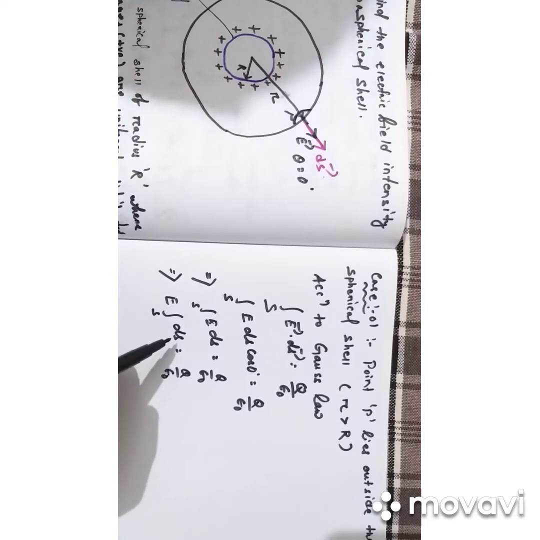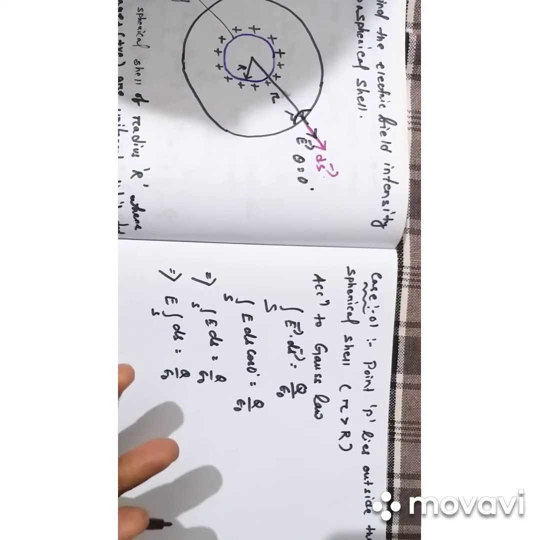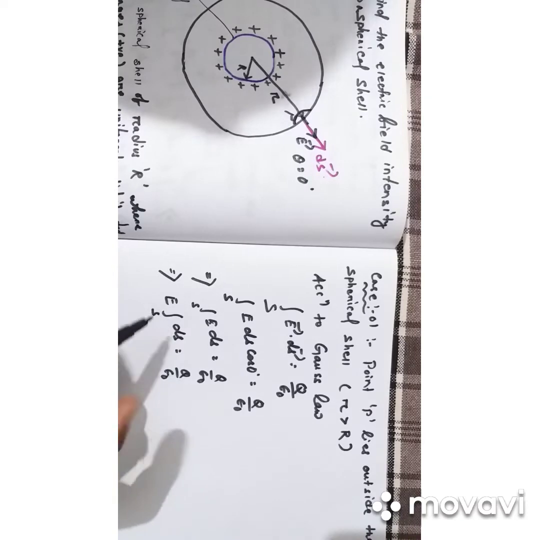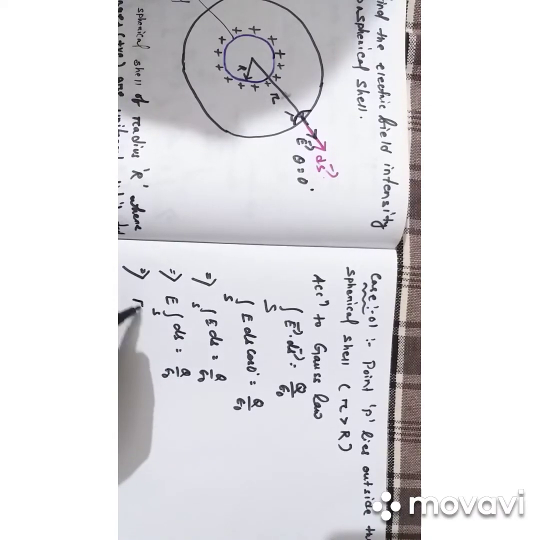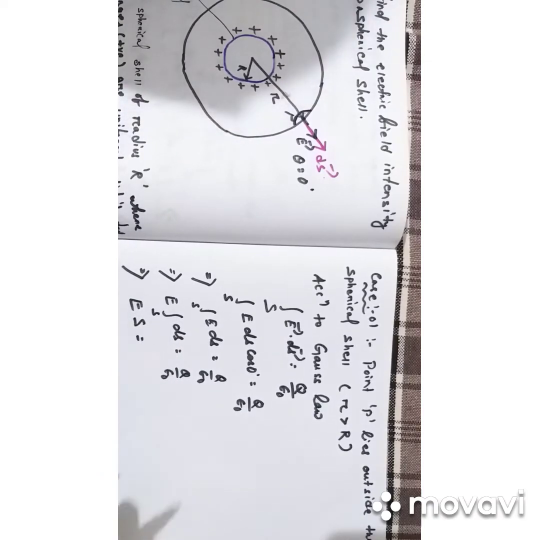Here the integration of ds means we are adding small surfaces, so it is E into the surface integral of ds, that is the total surface area, equal to q by epsilon naught.